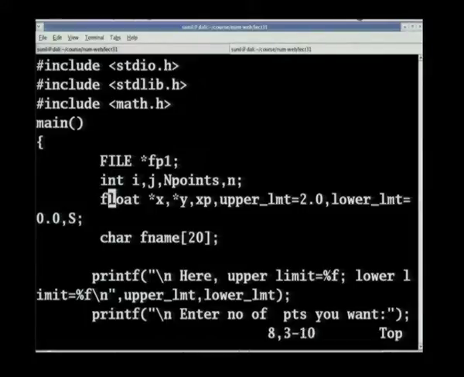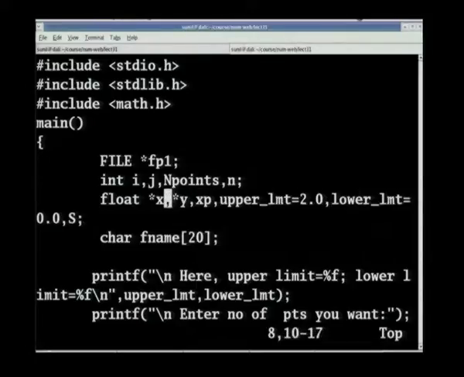That is, we need an upper limit and a lower limit, and we need to tabulate the function at the x values. Our idea is to obtain the y values.